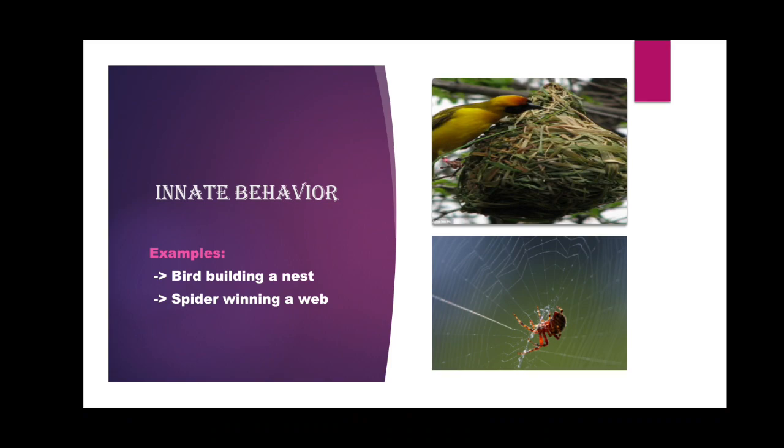The bird already knows how to build a nest because it was in its genes. Similarly, the spider knows how to weave a web, and nobody has taught the spider to do so.